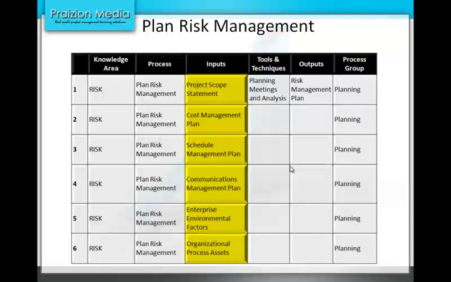But your schedule management plan has that information. How to manage schedule risks. How to ensure that there's enough buffer in the schedule. So in other words, all these different plans kind of work together to give you information for your risk management plan. So talking about contingencies for time, it's talked about in the schedule management plan.